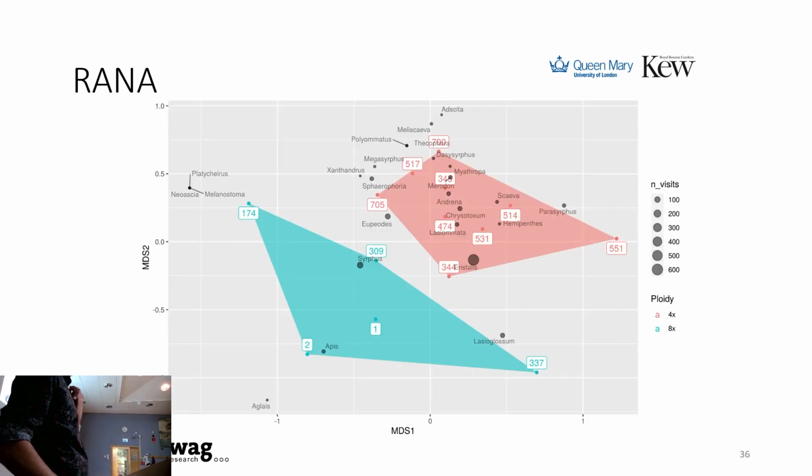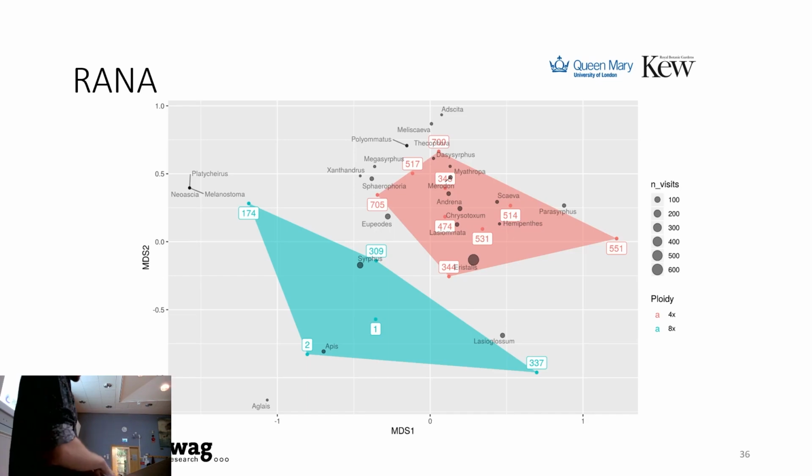And since I also identified, to some degree of taxonomic precision, the insects that were pollinating these plants, you can then plot them in multidimensional space and say, okay, in red we have the morphospace of the tetraploid, and in blue we have the morphospace of the octoploid, and you then plot where the pollinators fall within these morphospaces.